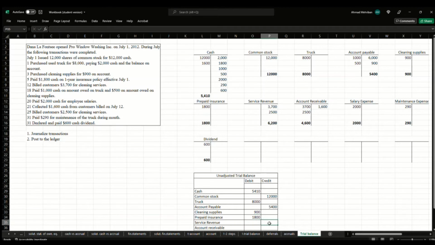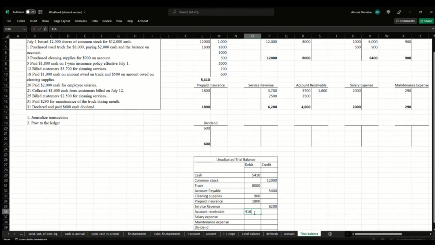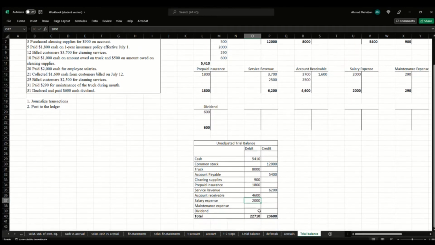Service revenue 6,200. Then 4,600 here. 2,000 salary expense here. Let me see this one. Maintenance expense 290, whereas dividends is 600.